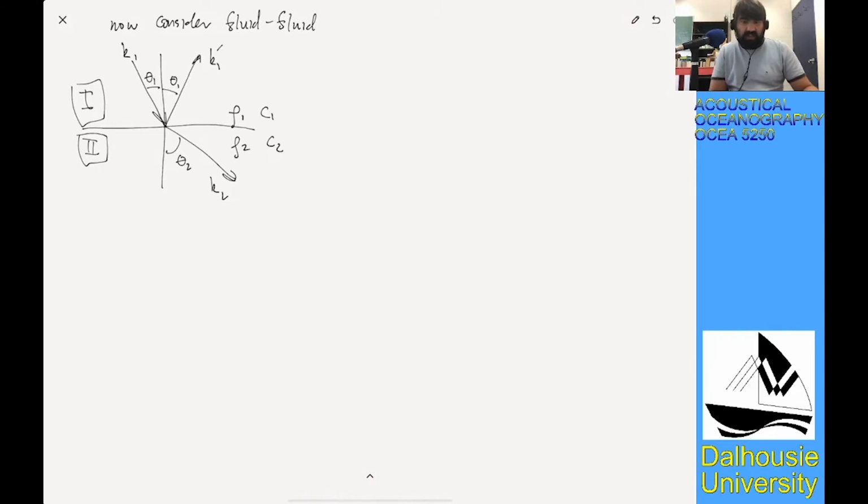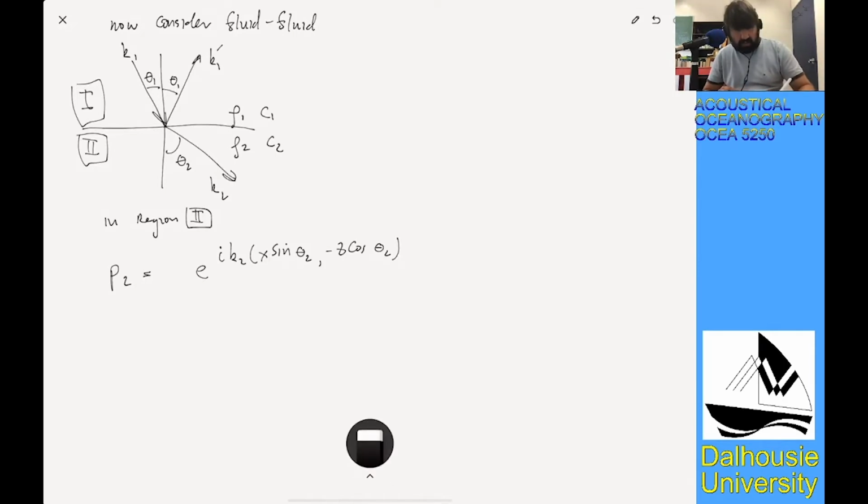So we know our pressure field in region 1 already. So let's just say, what is our pressure field in region 2? In region 2, we're going to have an e^(i k2 x sin θ2 + z cos θ2). I've already multiplied out k dot x here.